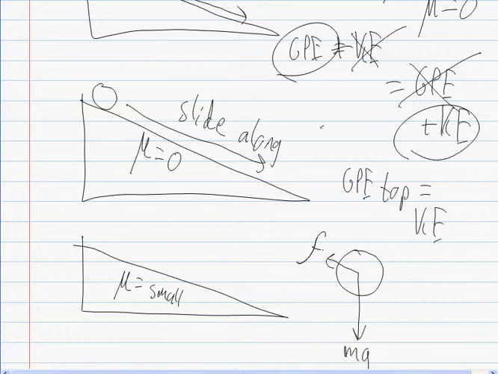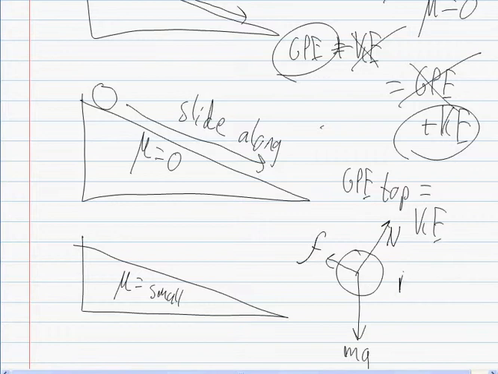And that friction is going to make the wheel start to turn. So we're going to end up with a normal, and we're going to end up with a small rotation along here.